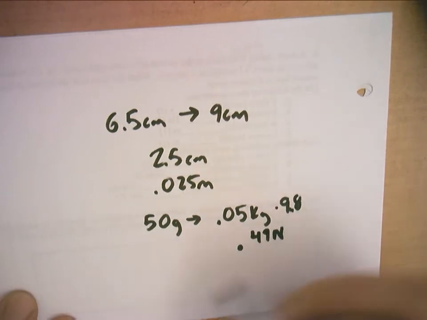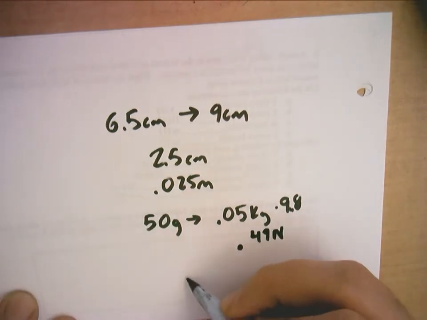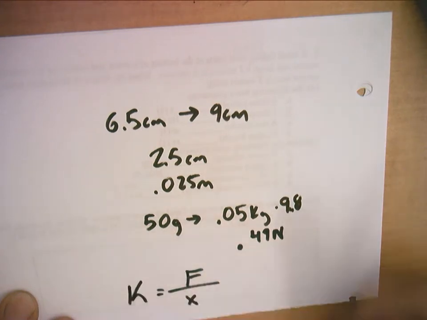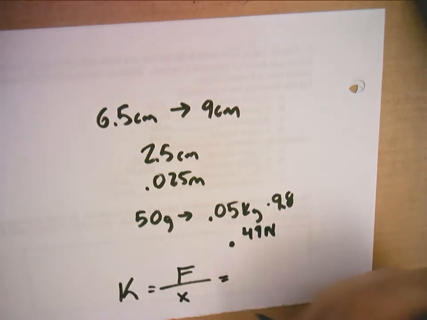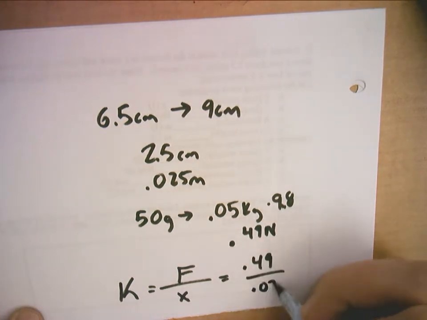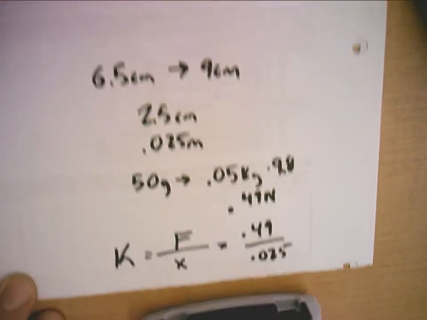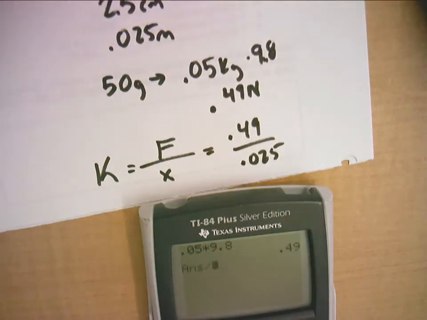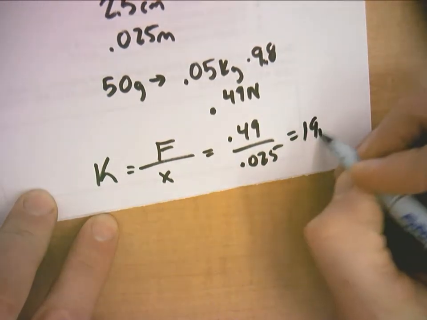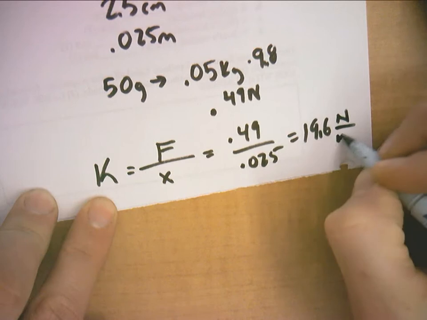And that's all we need to find the spring constant. We take the force divided by the distance stretched, and that'll tell us k, how stretchy the spring is. So we have 0.49 divided by 0.025, and we get a spring constant of 19.6 newtons per meter.